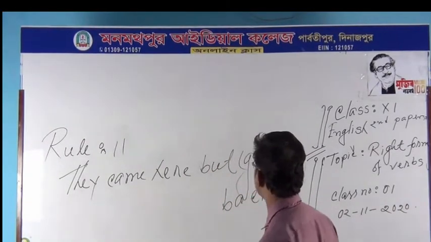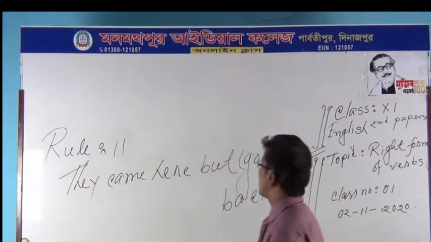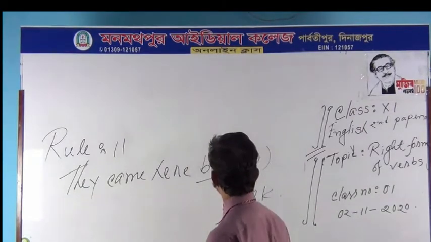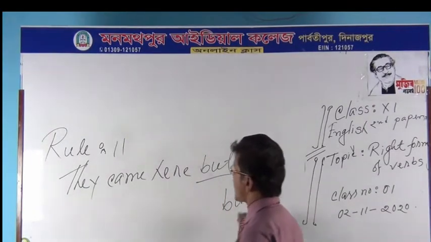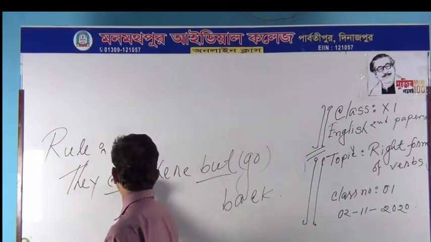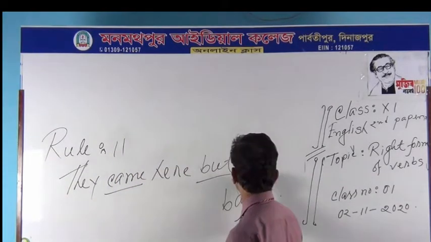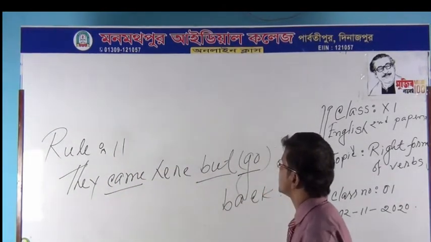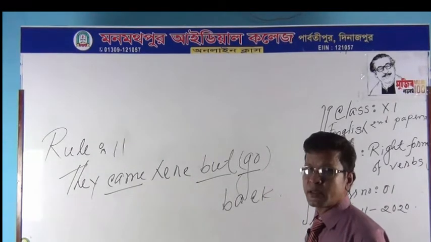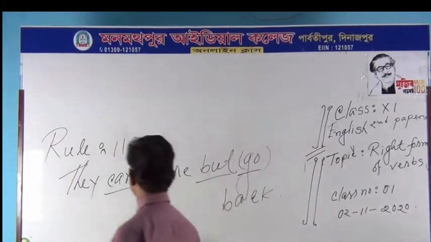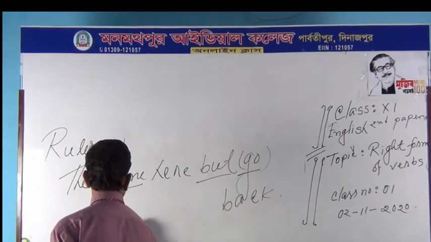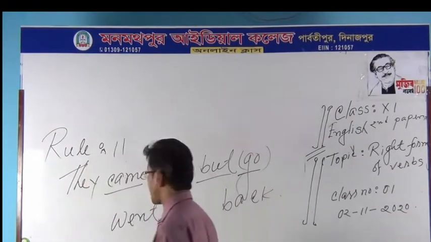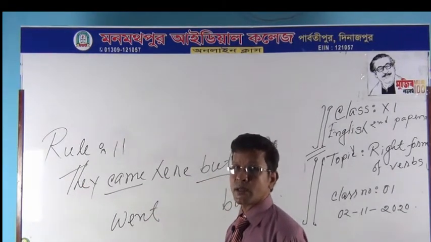They came here but go back. Notice here, "but" is a conjunction and there are two verbs. One is "came" and another one is "go". So you have to make it "went". Have you understood, my dear students?